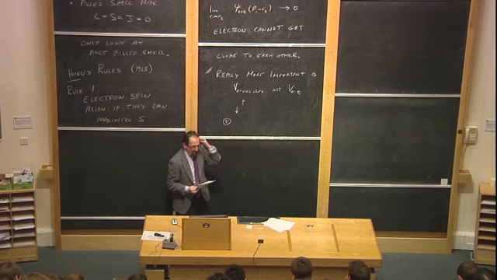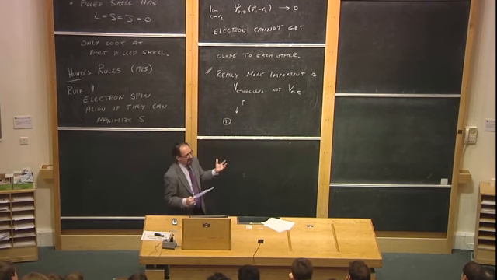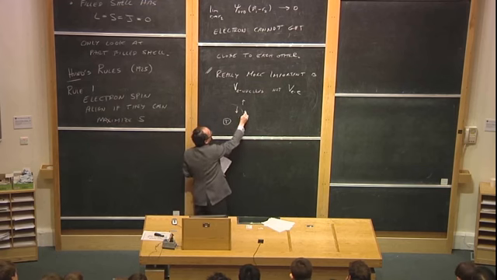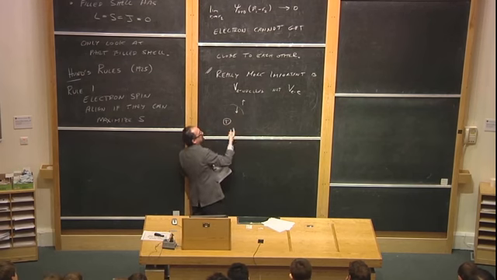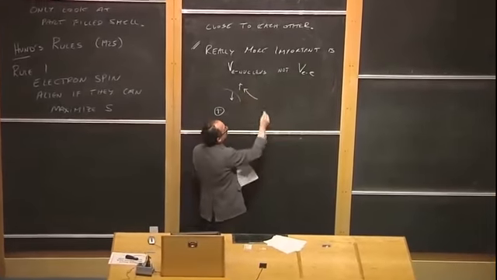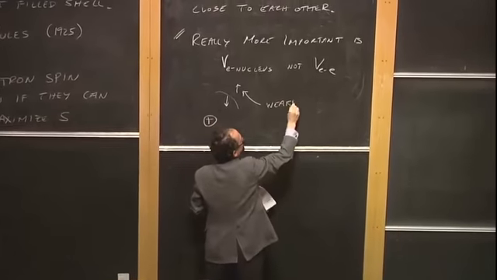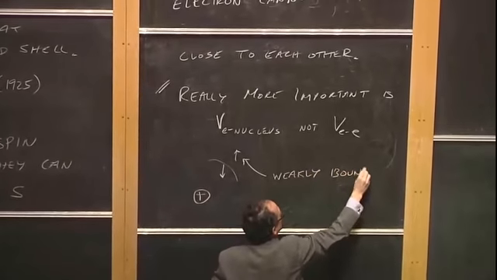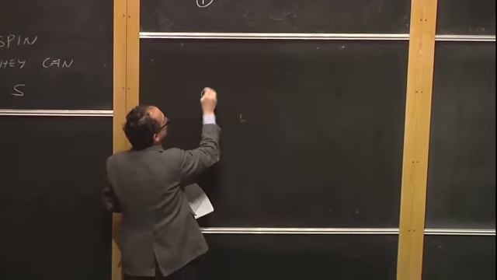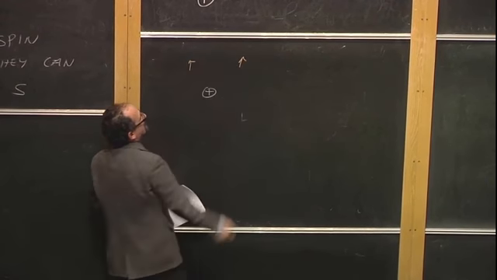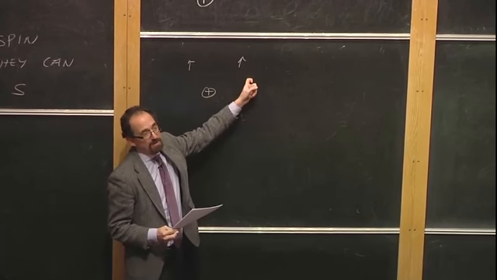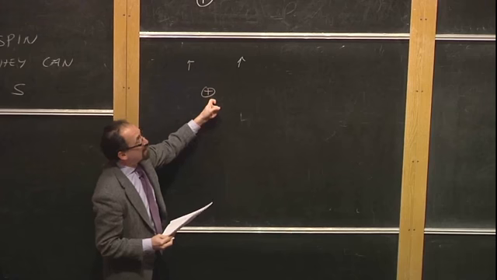Okay? Now remember when we went back and we talked about electronegativity and ionization energy, when one electron can get inside the orbit of the other, it can screen the electron from the nucleus and make the effective nuclear charge look smaller. As a result, the electron on the outside is weakly bound because it sees a smaller effective nuclear charge. On the other hand, if you align the spins of the electrons, then the electrons can't get close to each other, and in particular, this electron cannot get inside this electron's orbit, and it can't screen this electron from the nucleus.